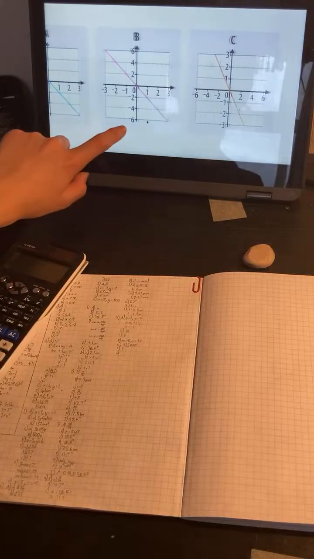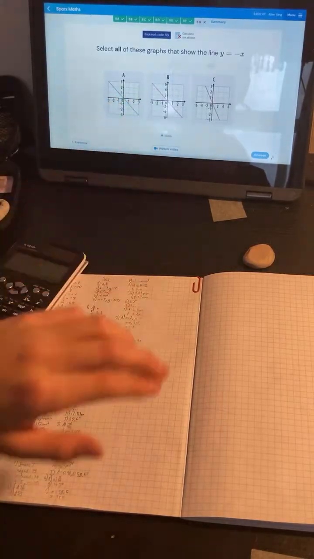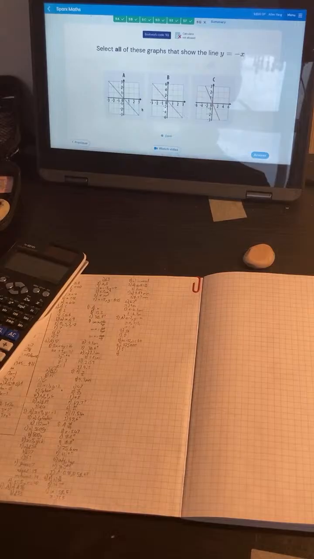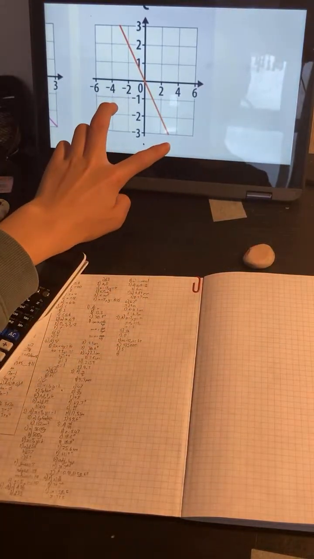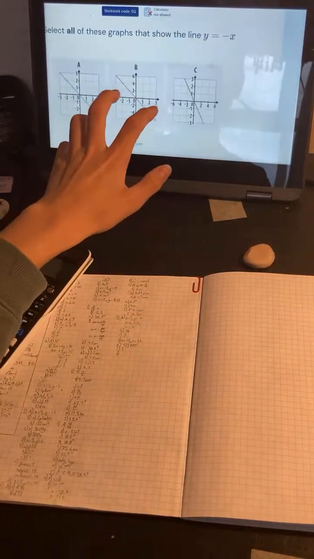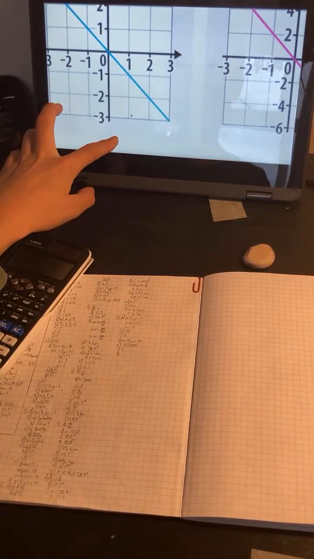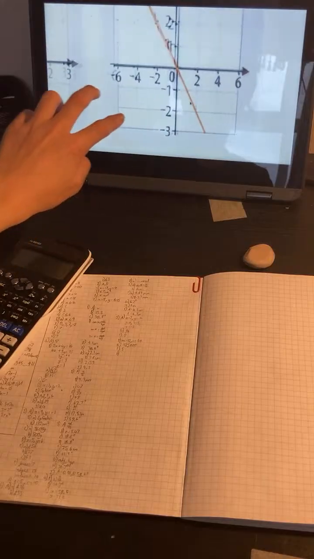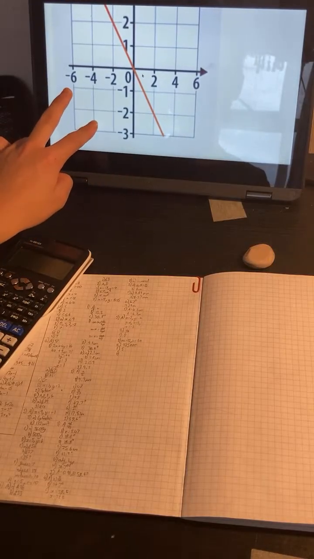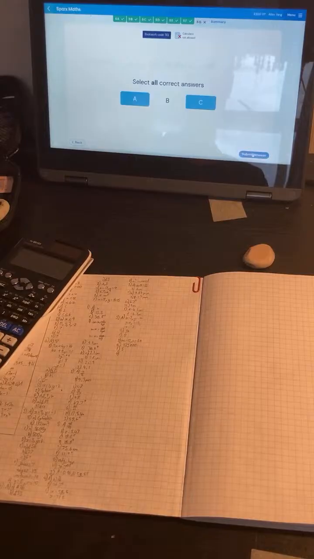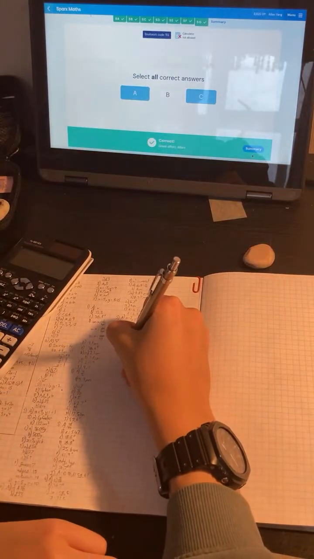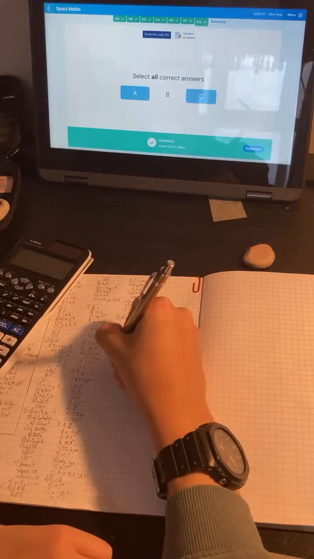Wait, what? Y equals negative x is a. What is that? Right, okay, so tell me why this isn't... Boom, boom. Okay. Negative 1, 1. Oh, all the correct answers. So it's A and C. 6A.